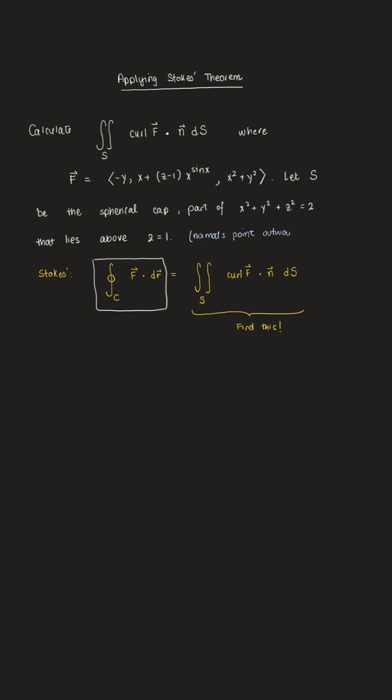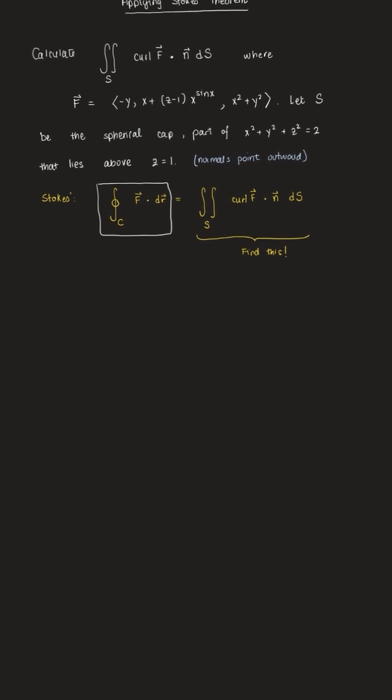All right, so let's get a sense of what we're looking at. What is our boundary? And what does our surface look like? So I'm going to do a sketch of half of a sphere because I know I only want the spherical cap. So notice that our sphere has a radius of square root of 2. So I'm going to draw just a hemisphere with a base that's on the xy plane. And if this is my positive z-axis, I know that this point is root 2.